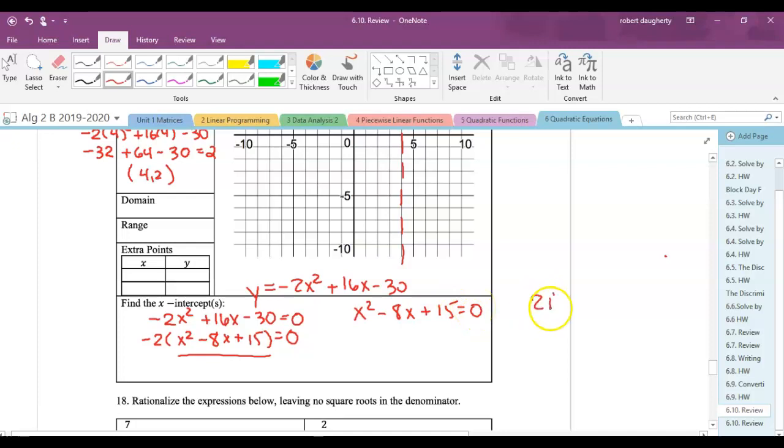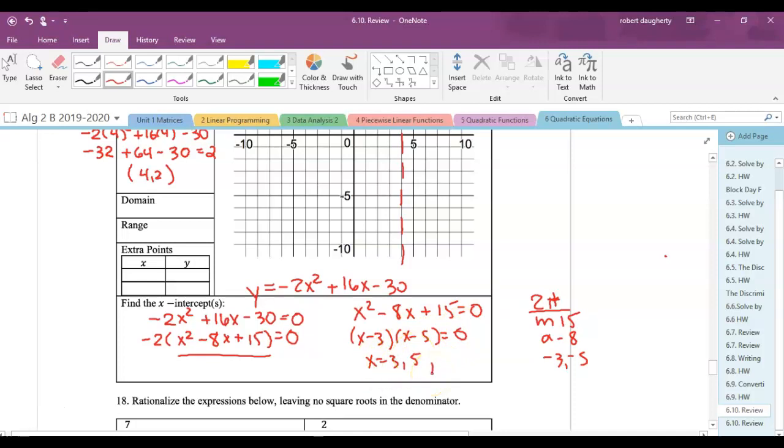That will happen if I can find two numbers that multiply to 15 and add to negative 8. So it looks like a negative 3 and a negative 5. Those numbers will multiply to 15 and add to negative 8. So this is (x minus 3)(x minus 5) equals 0. Therefore, x is equal to 3 or 5.